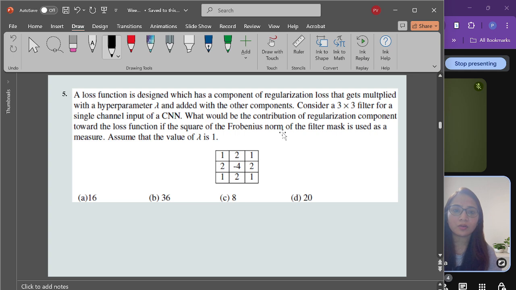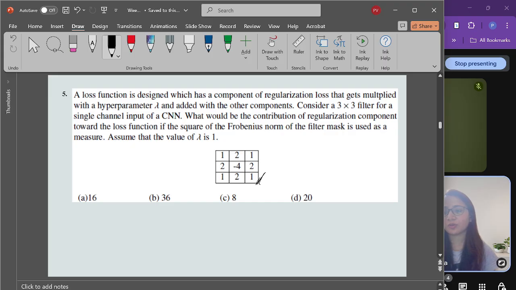What would be the contribution of the regularization component towards the loss function if the square of the Frobenius norm of the filter mask is used as a measure? Assume that the value of lambda is 1. So here a 3 cross 3 filter for a single channel input CNN is given as this one.